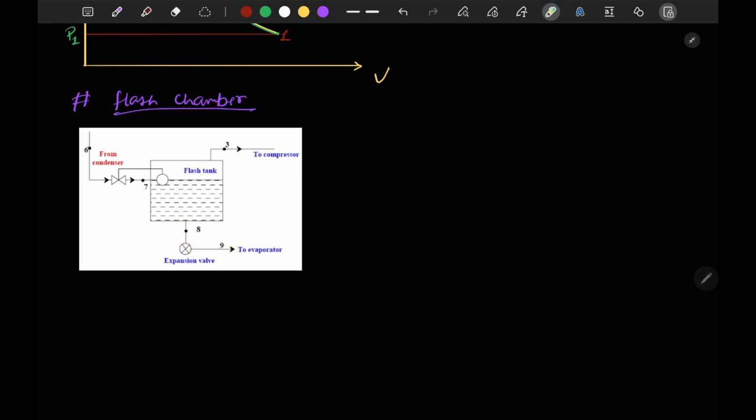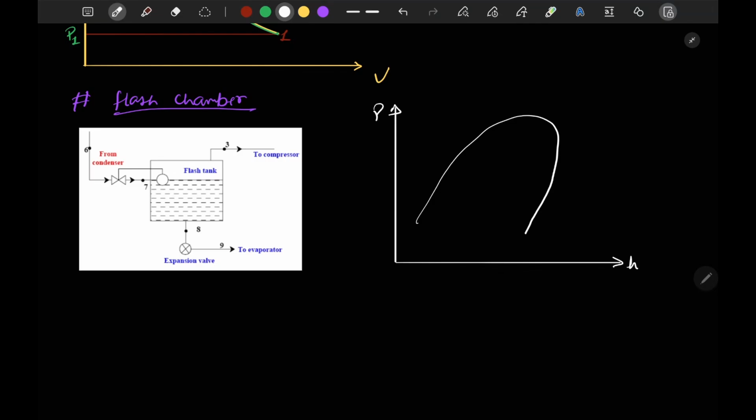Now if we want to draw the pH curve for this, this is our dome. For the flash chamber, say this is point 6, from the condenser output. From the condenser we have throttled it to a certain point, and here we have reached point 7.